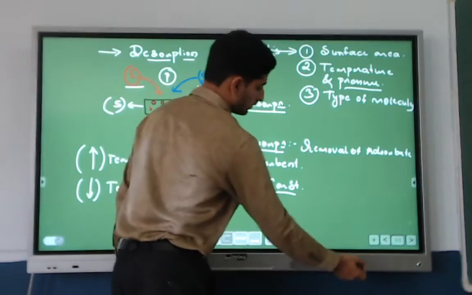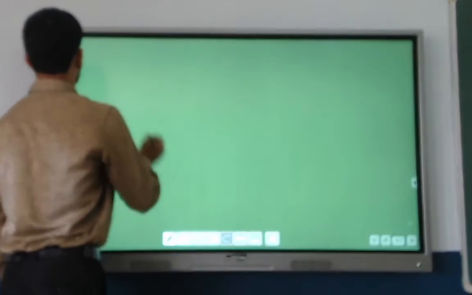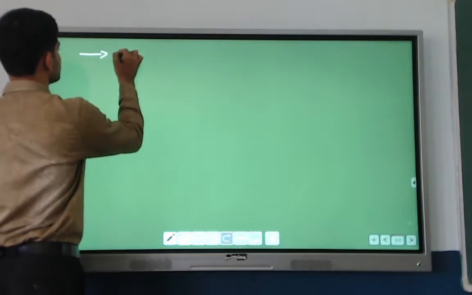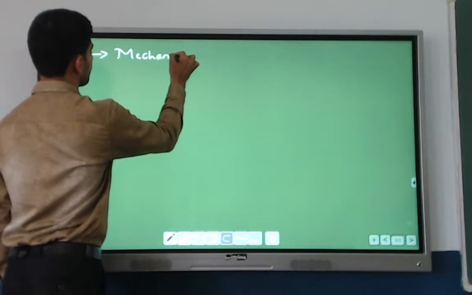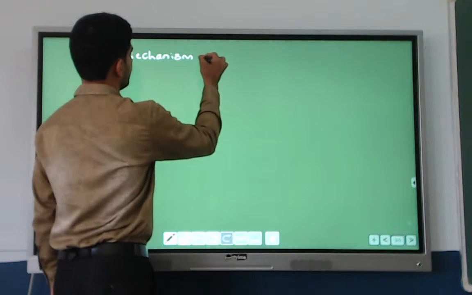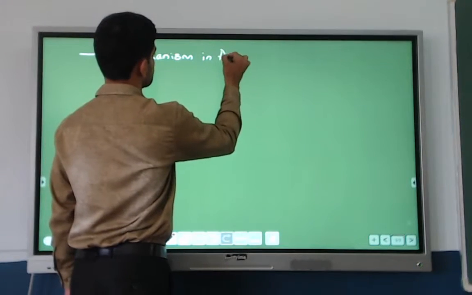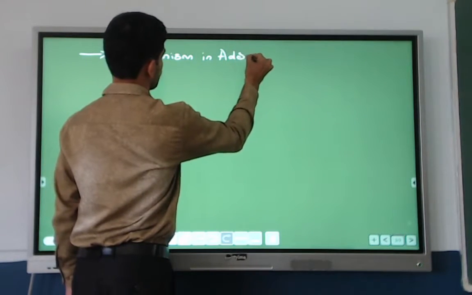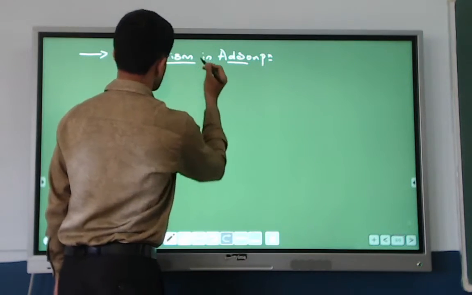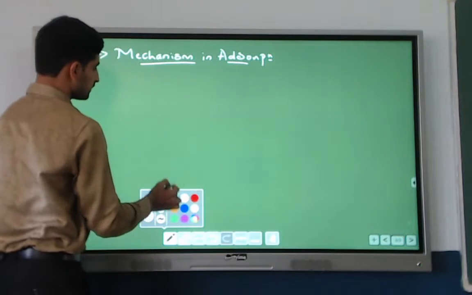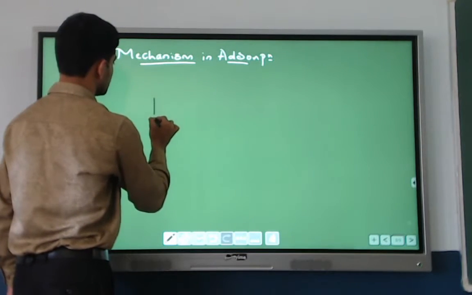Clear? Now, the next point: mechanism in adsorption. Let me consider a solid material or a liquid.